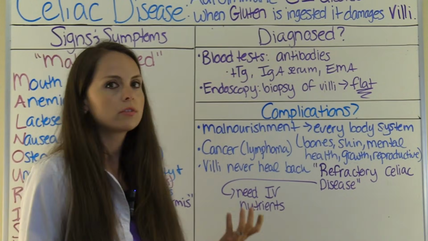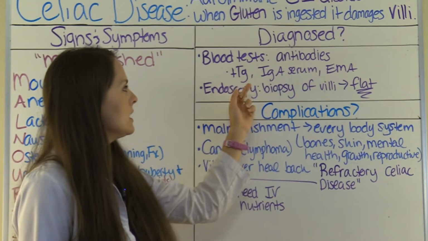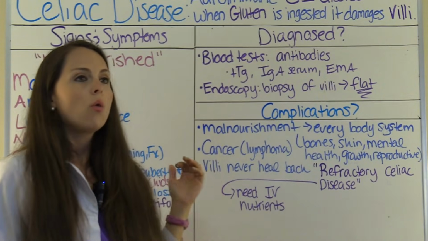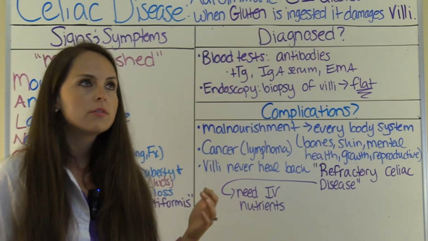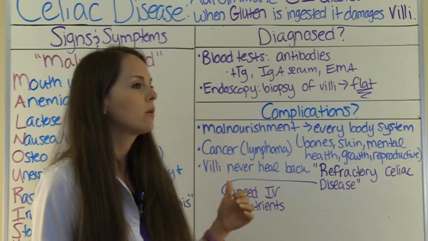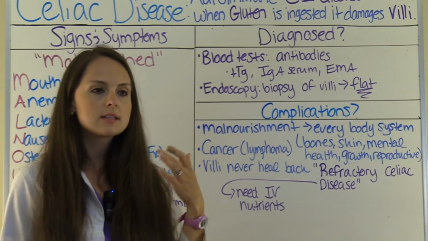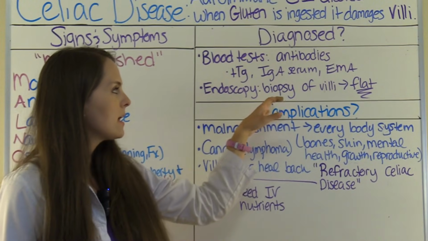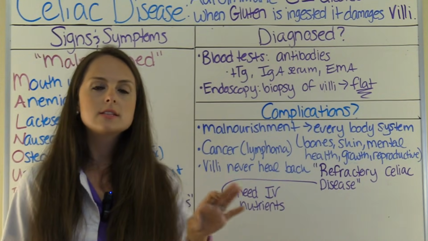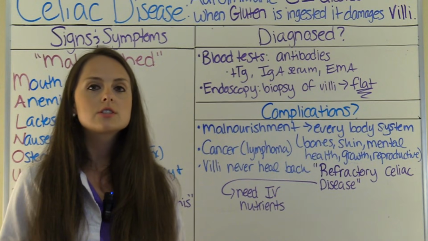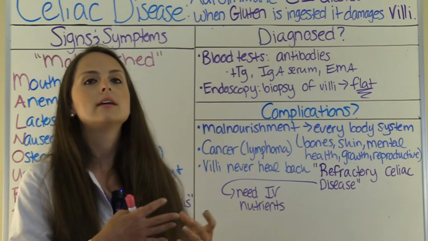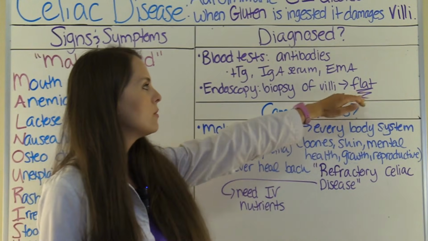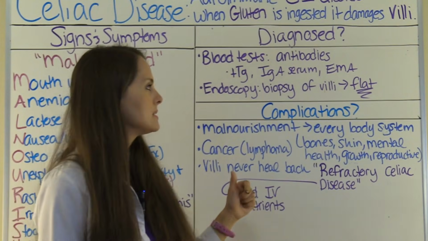So the physician may order a blood test, like a TTG, an IgA serum, or an EMA, or they will do both, an endoscopy where they take a scope and assess the upper GI tract down into the small intestine, and they may take a biopsy of the intestinal villi and look at that under a scope to see what they look like. Do they look abnormal? Are they flat like that picture we looked at? And if so, celiac is probably present.